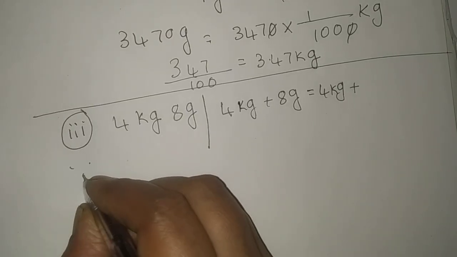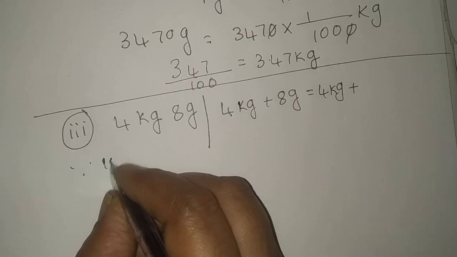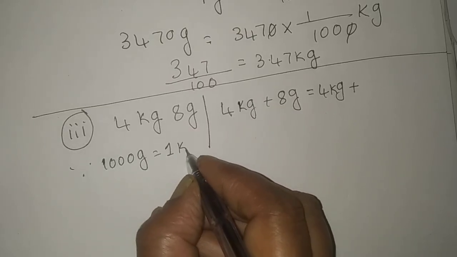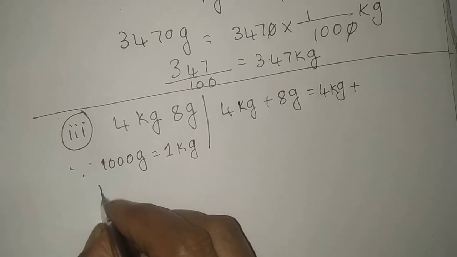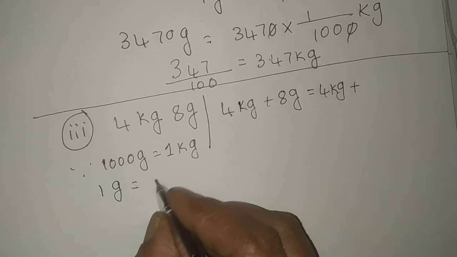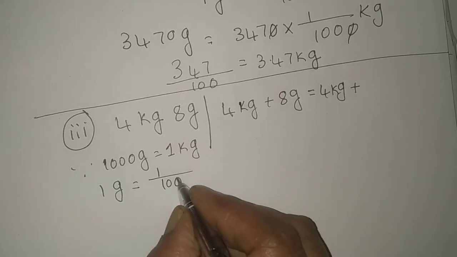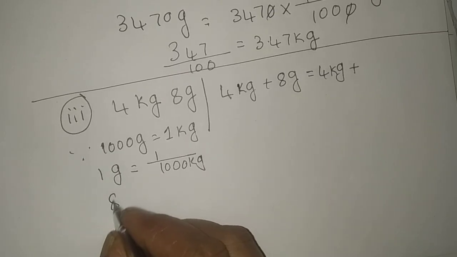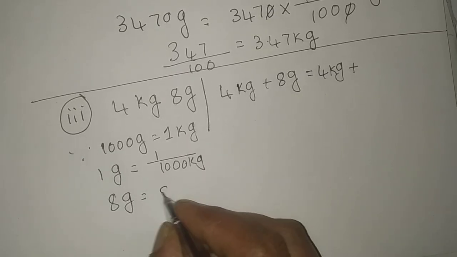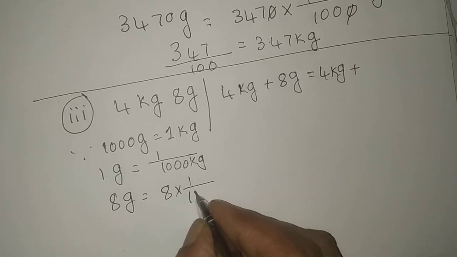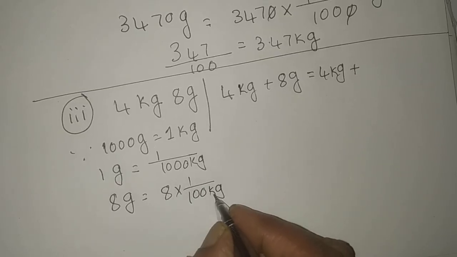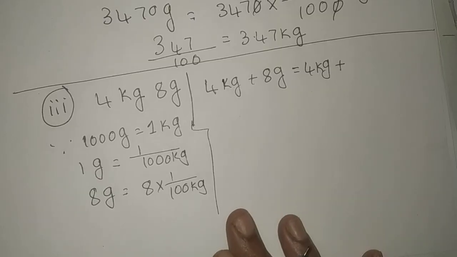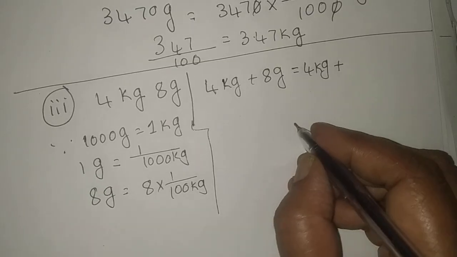We know that 1000 grams is equal to 1 kg. Therefore 1 gram is equal to 1 by 1000 kg. So 8 grams is equal to 8 into 1 by 1000 kg.